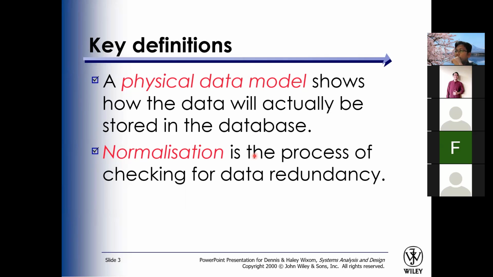Of course, data redundancy does not relate to backup. Backup is usually double data, but this is for if there is a catastrophe or accident, we have to restore from the backup. But actually, normalization is focused on checking for redundancy.